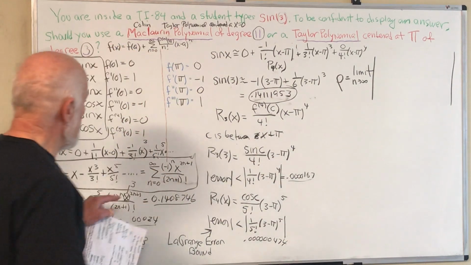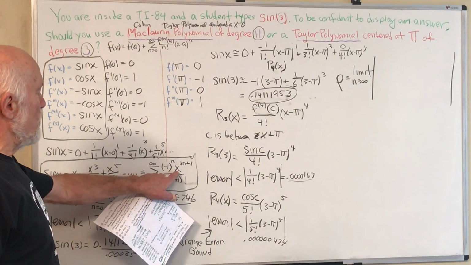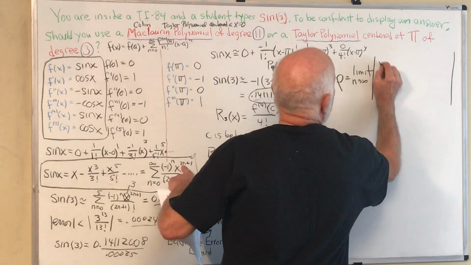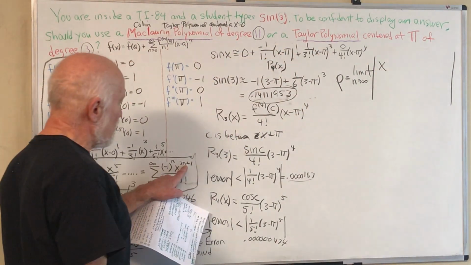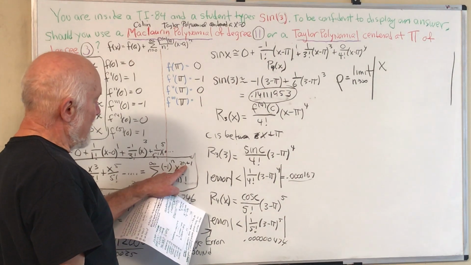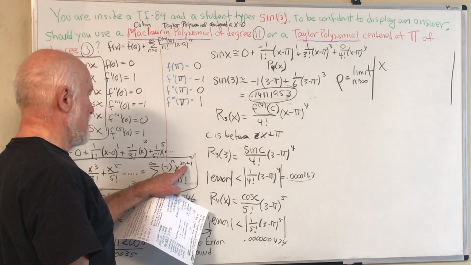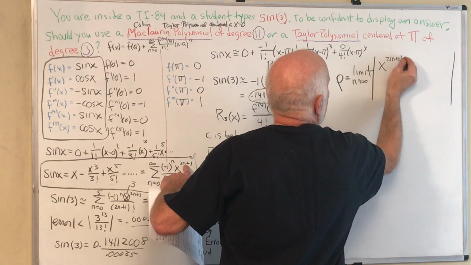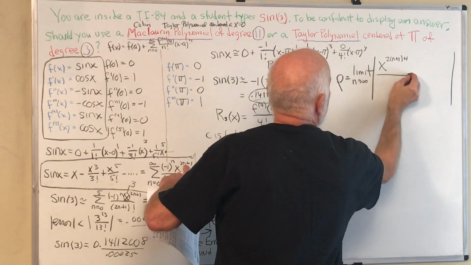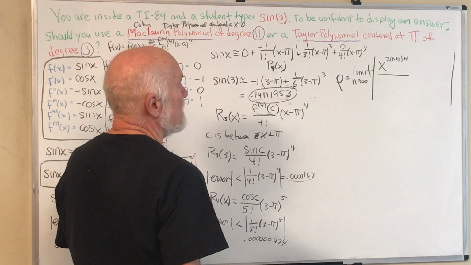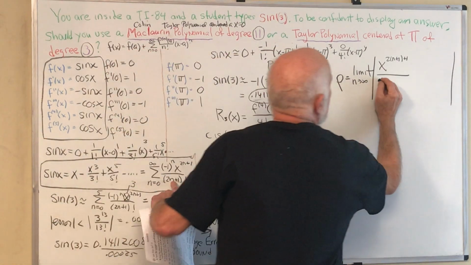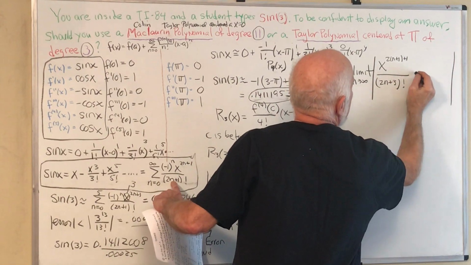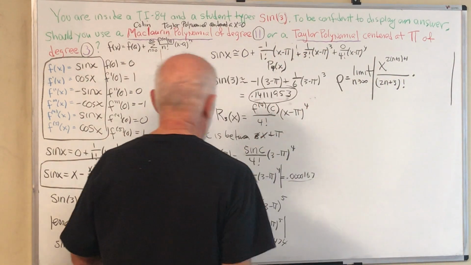So what we have to do is take this and go x to the n plus 1. Well, if I put n plus 1 in for n, I get 2 times n plus 1 plus 1, and that's going to be 2n plus 3. So I go 2n plus 3 factorial, and then you divide it by this term.